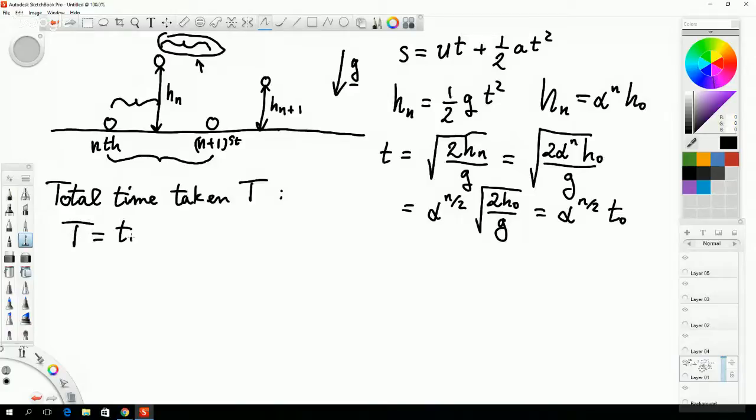We have an initial t naught, and there's only one of those, but then there's two of each of the other t's. So 2t1, 2t2, dot, dot, dot. Sorry, I should have called this tn. But there's two of these tn's.